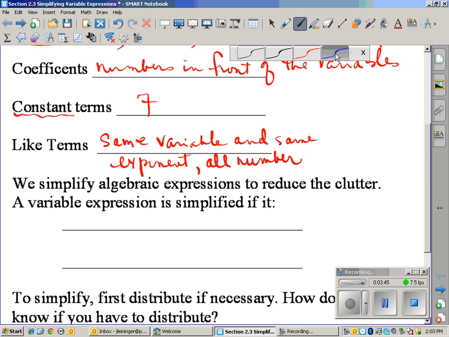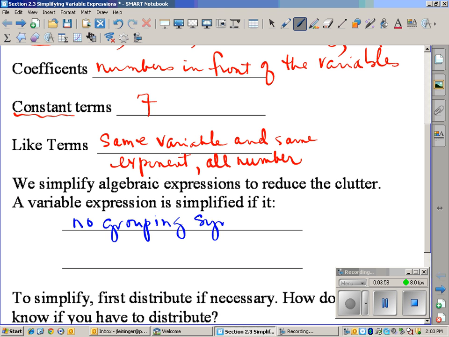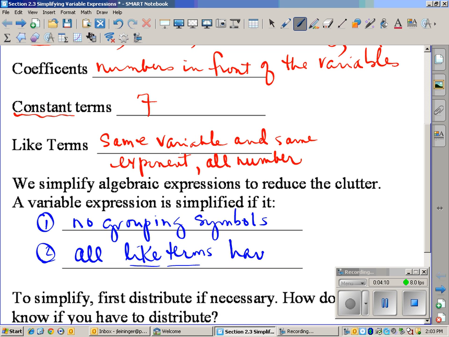An algebraic expression is considered to be simplified if it has no grouping symbols. In other words, you've gotten all your distribution done. It has no grouping symbols, and all like terms have been combined.